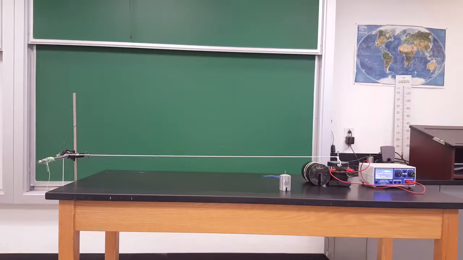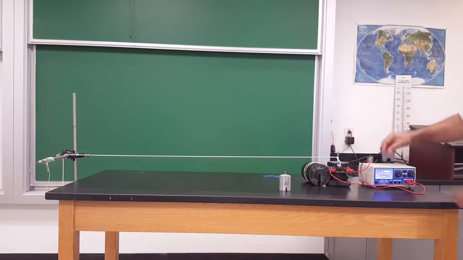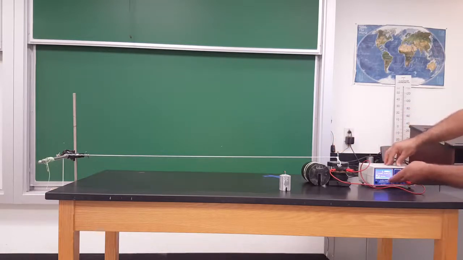So I have this demonstration equipment here. Let me just tell you what I have. I have this thing here that generates functions. It makes this thing here go up and down. Let me just show you how it works.